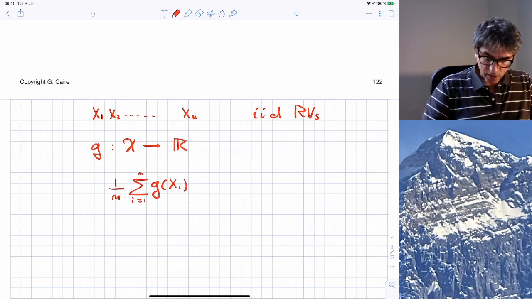Now, those are random variables, so g of Xi is also a random variable. This is a sum of random variables, so the whole quantity, this empirical mean, is a random variable.